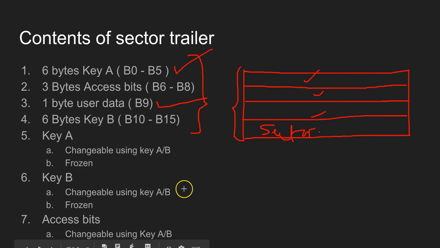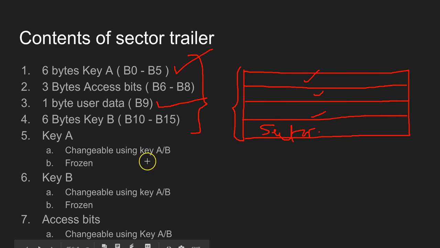What you'll end up doing is, say for example, take the value of key A. You're going to set whether the key A is changeable or not, and if it is changeable, whether you need to authenticate using key A or key B, or you can also change the access rights so that the key A cannot change at all.